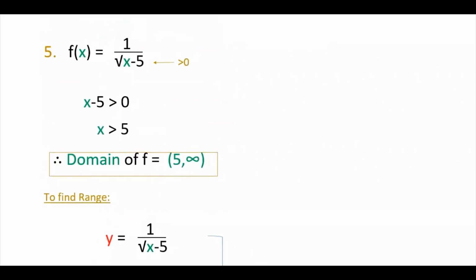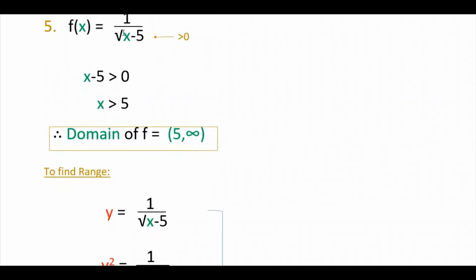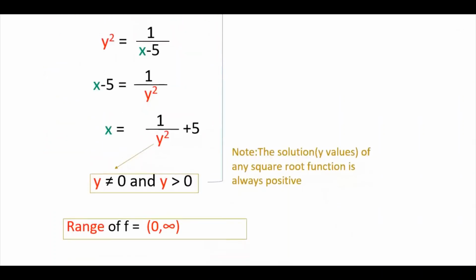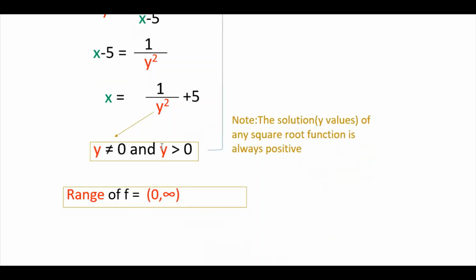All the square root values are positive only. So the solutions of this function are always positive only because it is in the square root. So it is greater than 0 also. y is the output, so y is always greater than 0. You can see this note: the solution of any square root function is always positive.